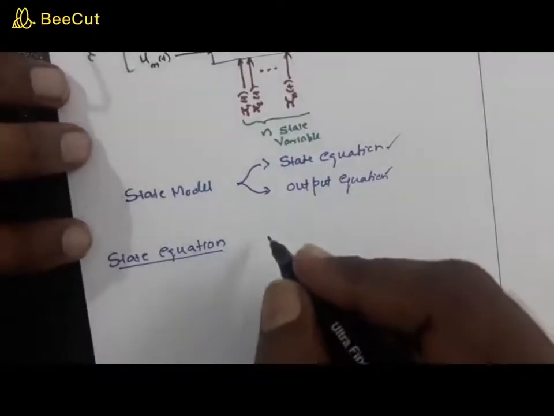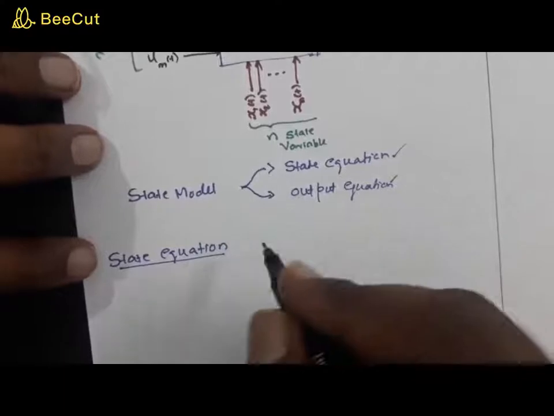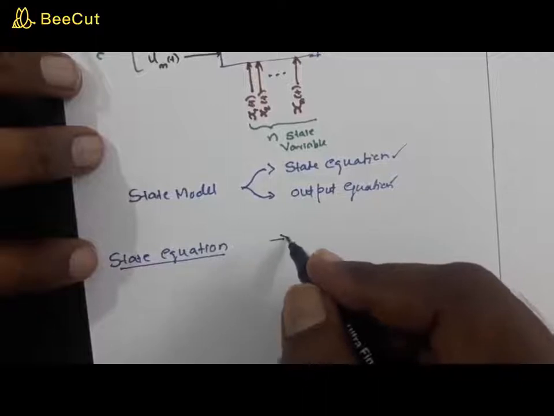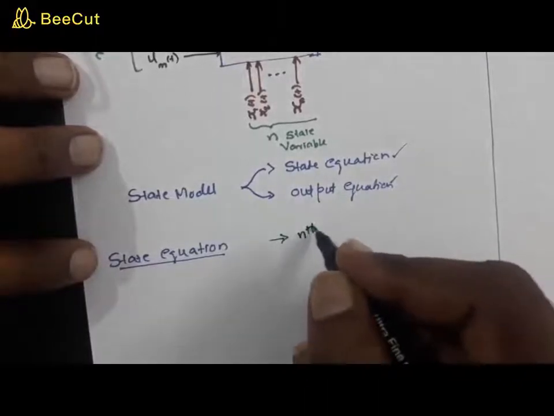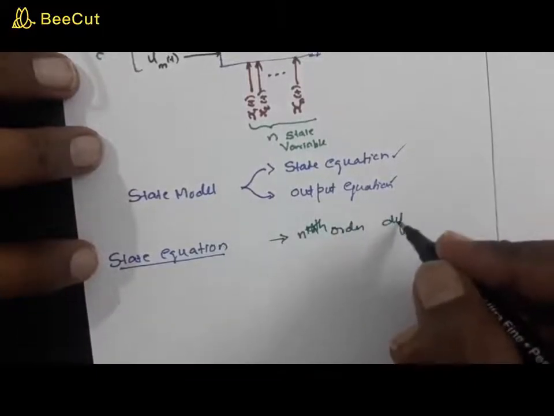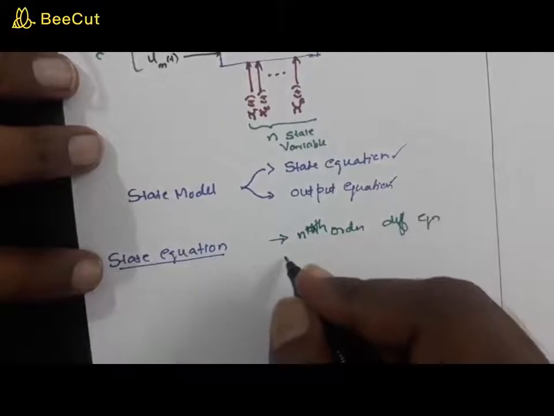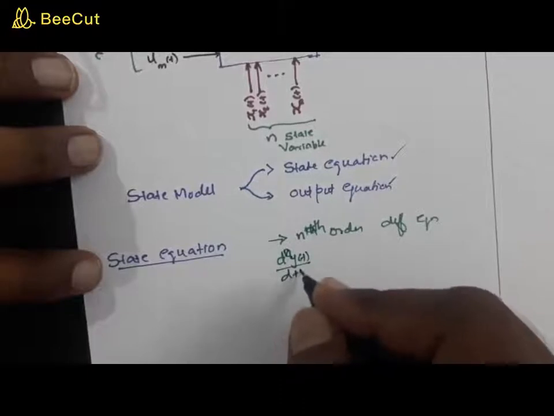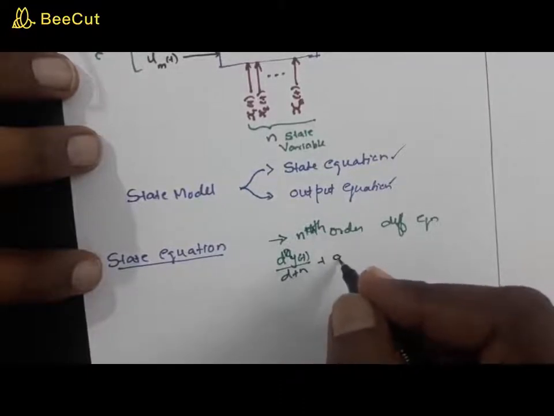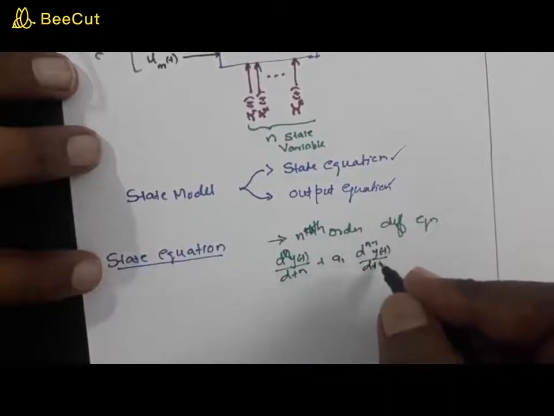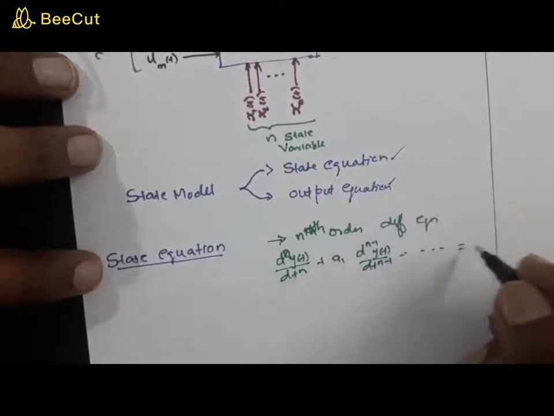Now let us see what the state equation is. We have already studied in the first module that an electrical system or a mechanical system can be described by an nth order differential equation, of the form d raised to n y of t by dt raised to n plus some a1 into d raised to n minus 1 y of t by dt raised to n minus 1, etc., is equal to some f of t, and so on.